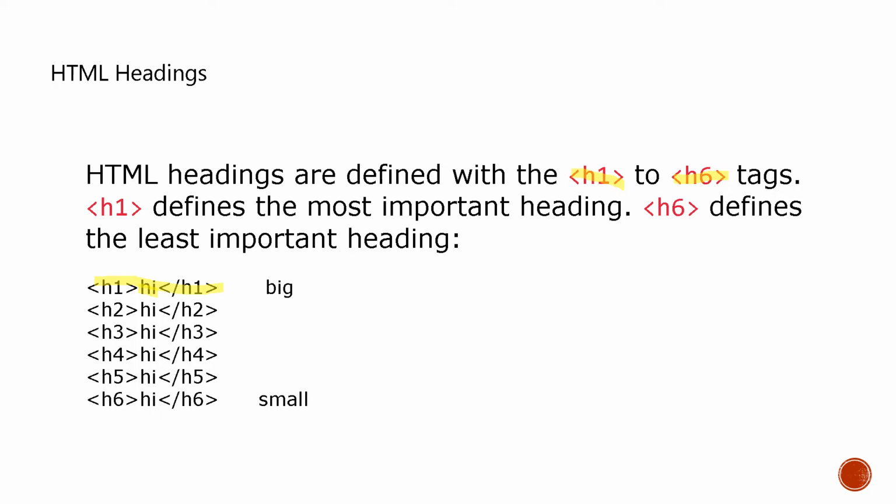H2 is smaller than H1, H3 is smaller than H2, H4 is smaller than H3, H5 is smaller than H4, and H6 is smaller than H5, H4, H3, H2 and H1.